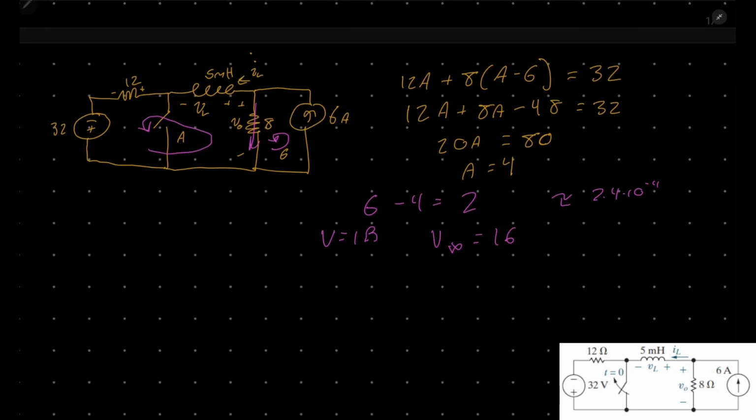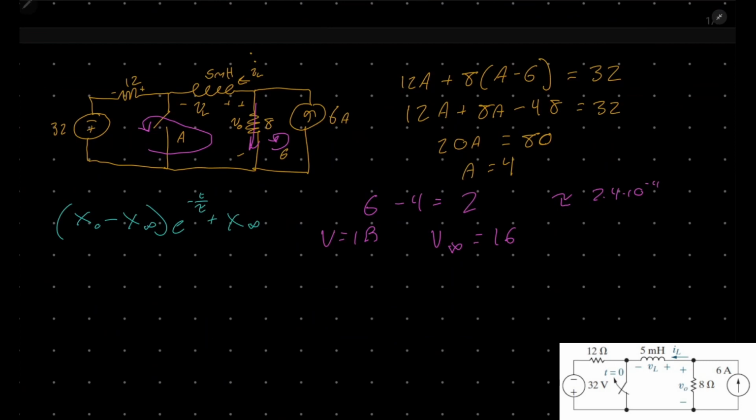And remember, I will write down the expression again. This time I'll write a general expression that you can use for either voltage or current, because they're pretty much the same. So we have X naught minus X at infinity, e to the negative t divided by tau, plus X at infinity. So this is the general equation that you can use for either current or voltage.